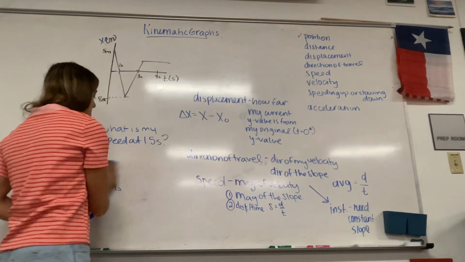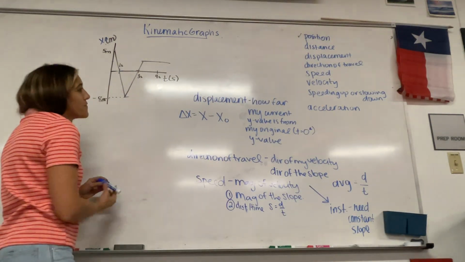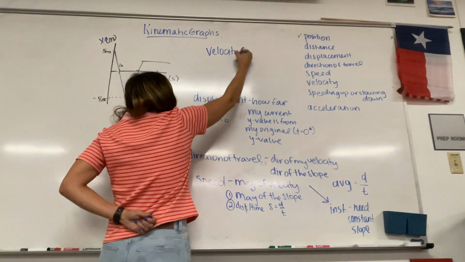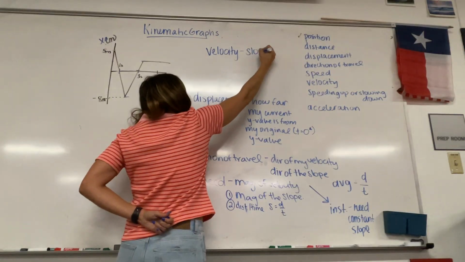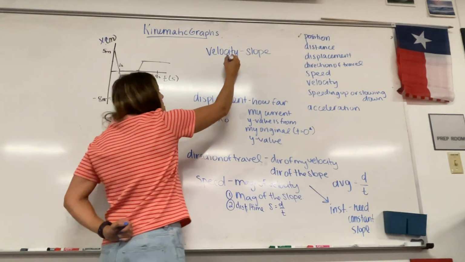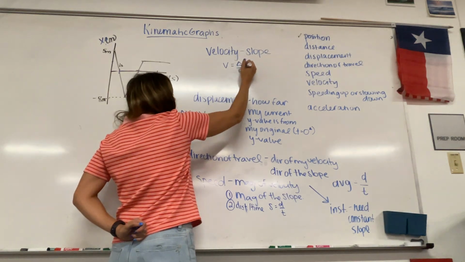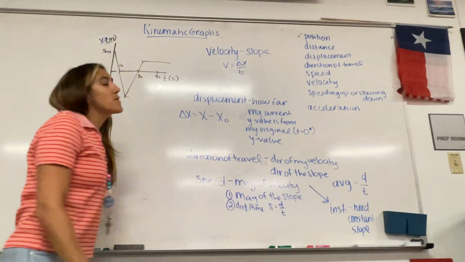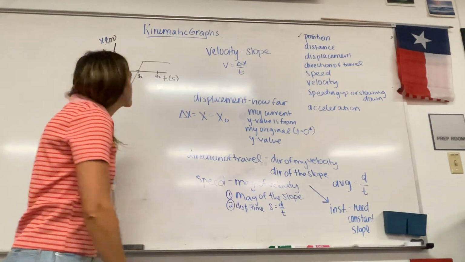That leads us to velocity. Velocity is the slope of a position time graph, right? Because velocity is change in position over time, really change in time. But we just write time because we do.